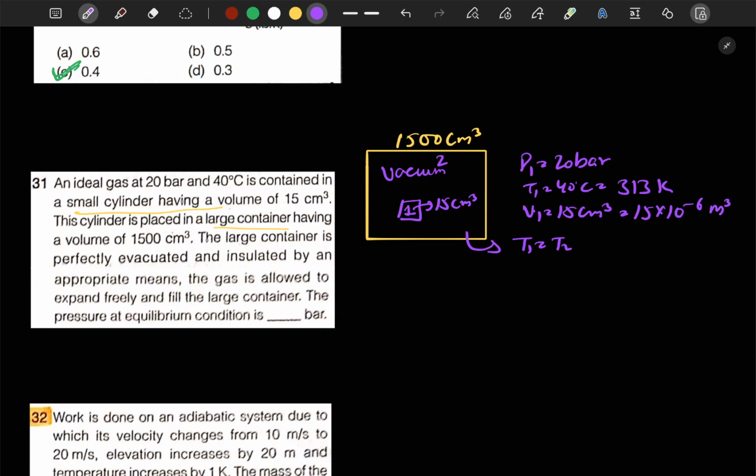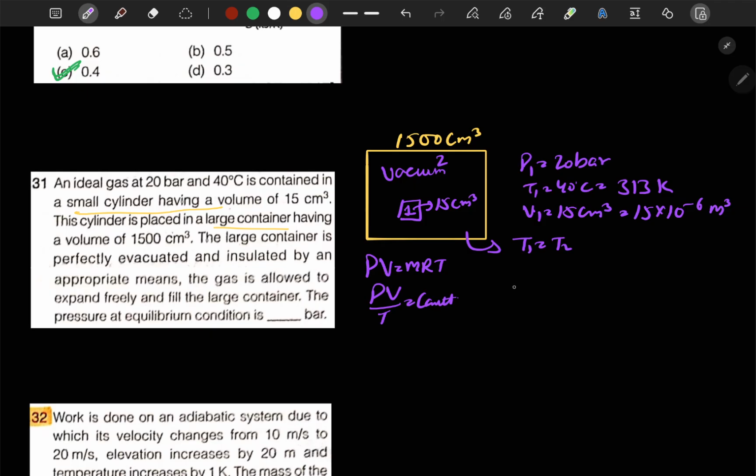Okay, and it is asked what is the pressure at the equilibrium condition. So to obtain the pressure we can use the ideal gas equation, PV equals mRT, although we don't know m, the mass of the gas, or R of the gas, but we can always use PV by T equals constant, and we can use all the values here.